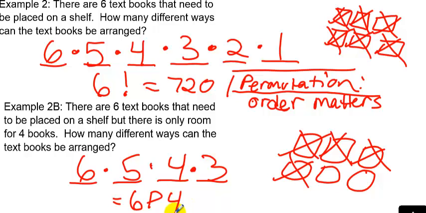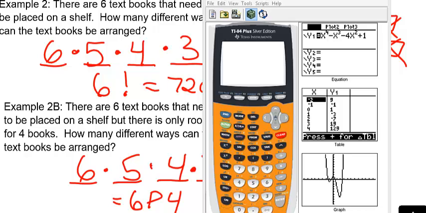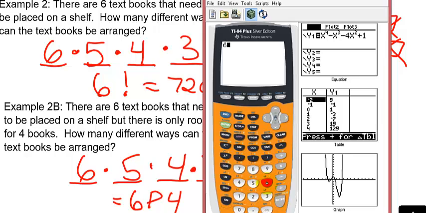So I'm going to go to my calculator. This is how I do a permutation on my calculator. I hit the total number of items, which is 6, math, go over to probability. The second one is nPr. That's the one I'm going to choose. That means it's a permutation. I'm choosing 4 of them.